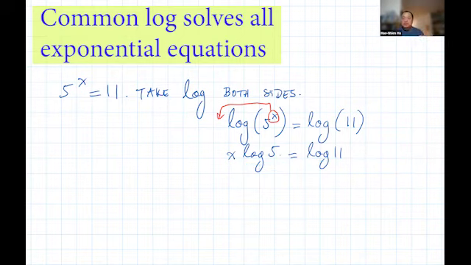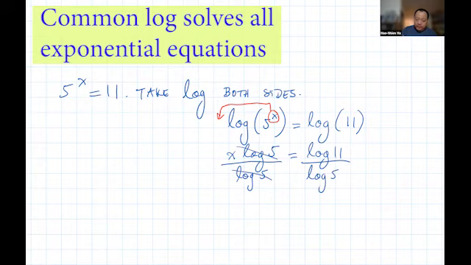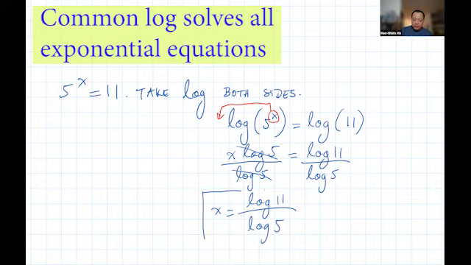So since log of 5 is just a number, I'm just going to divide both sides by log of 5. So the log 5 cancel, and I end up with x is equal to log 11 divided by log 5. And since both log 11 and log 5 are just numbers, I'm done.